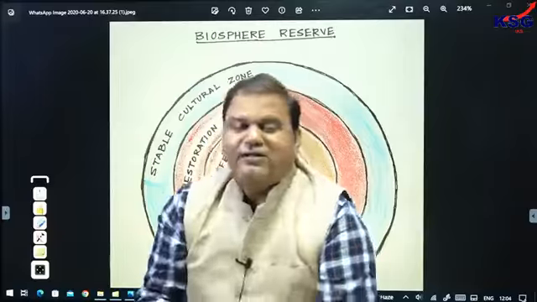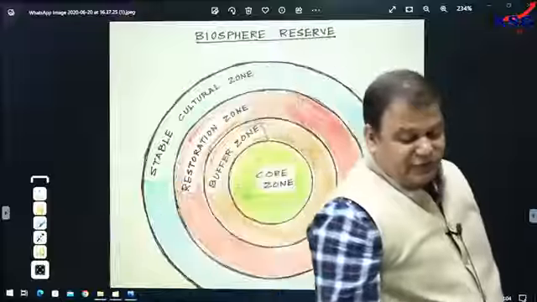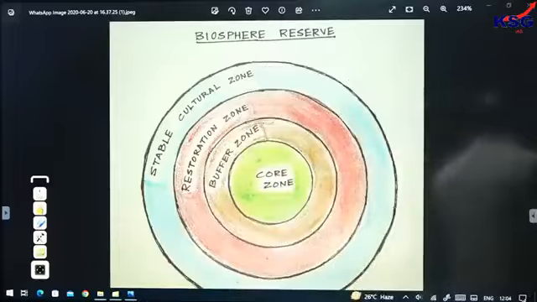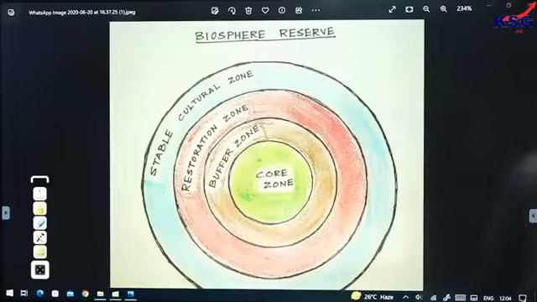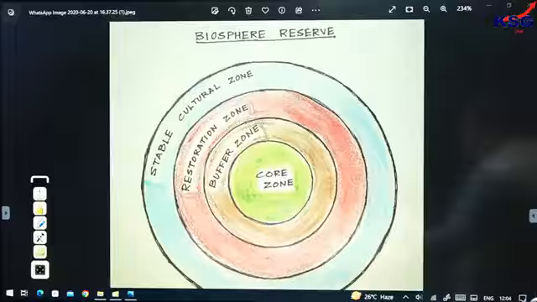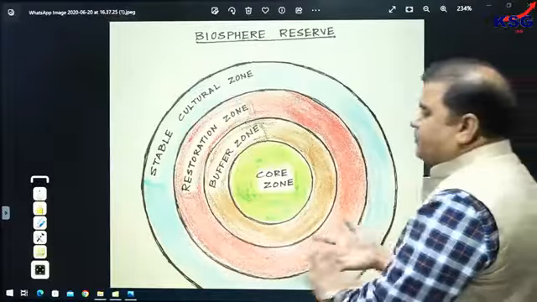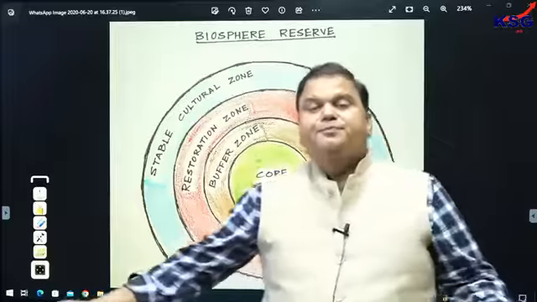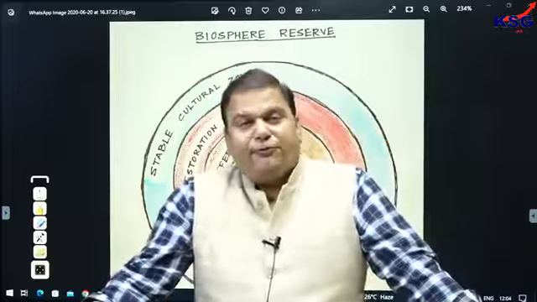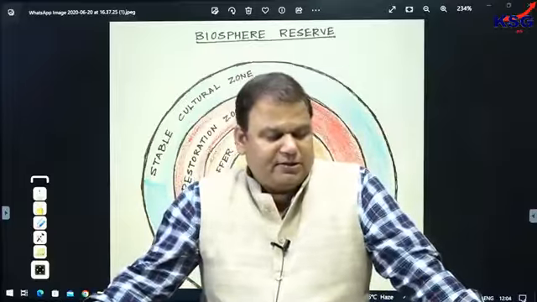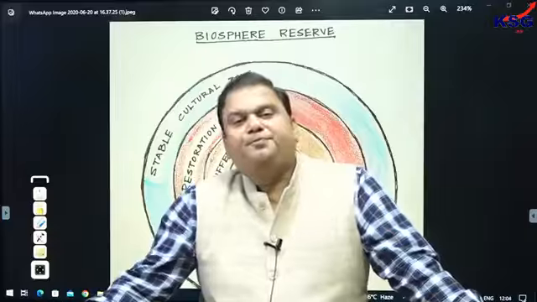Right, now, biosphere reserves differ from wildlife sanctuaries and national parks in the following manner.